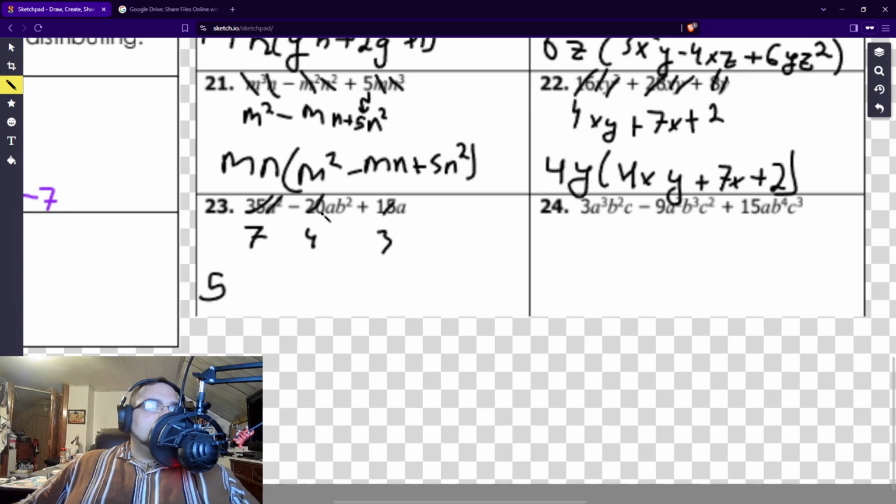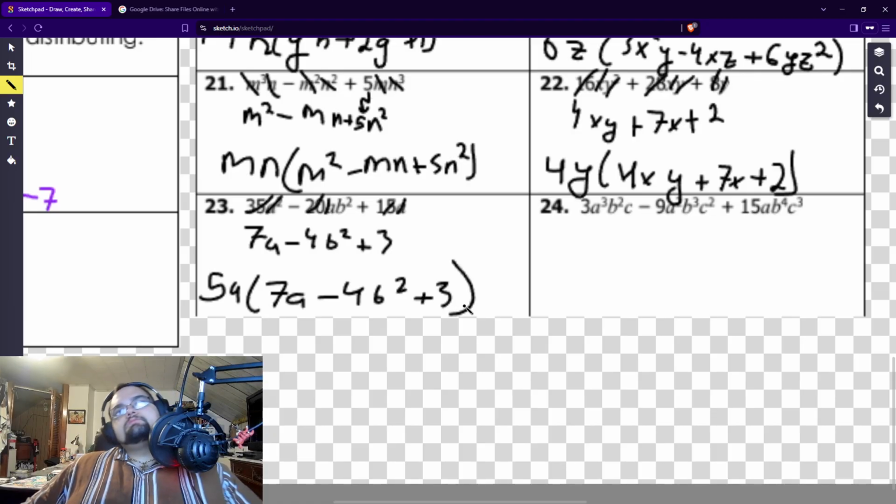I got a squared, a, and a. I could pluck out an a, but don't forget to put my remaining a here from the a squared. There's no b here, so b's got to remain. Almost put the wrong symbol. So 5a squared plus 7a minus 4b squared plus 3.